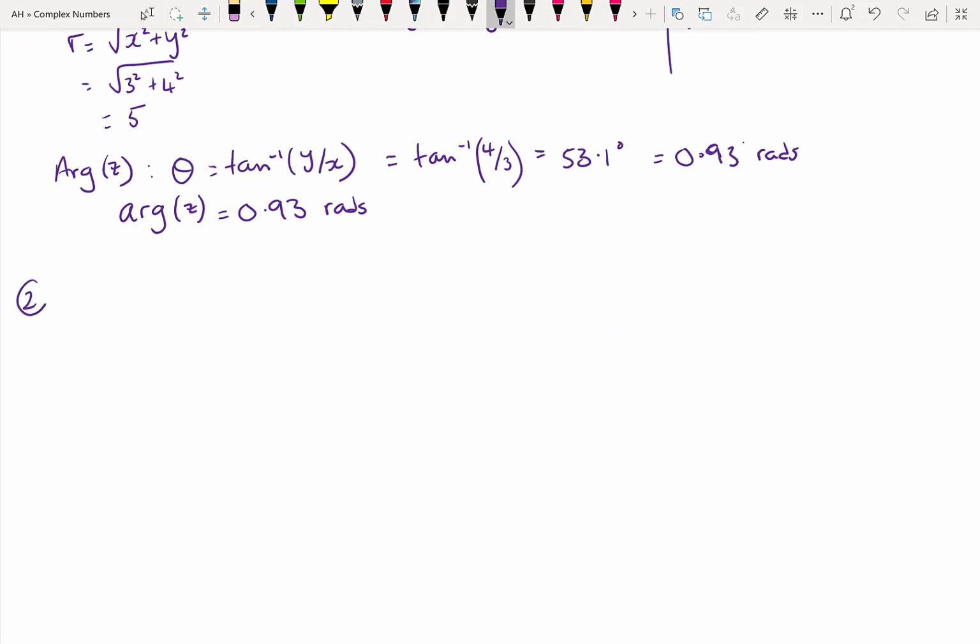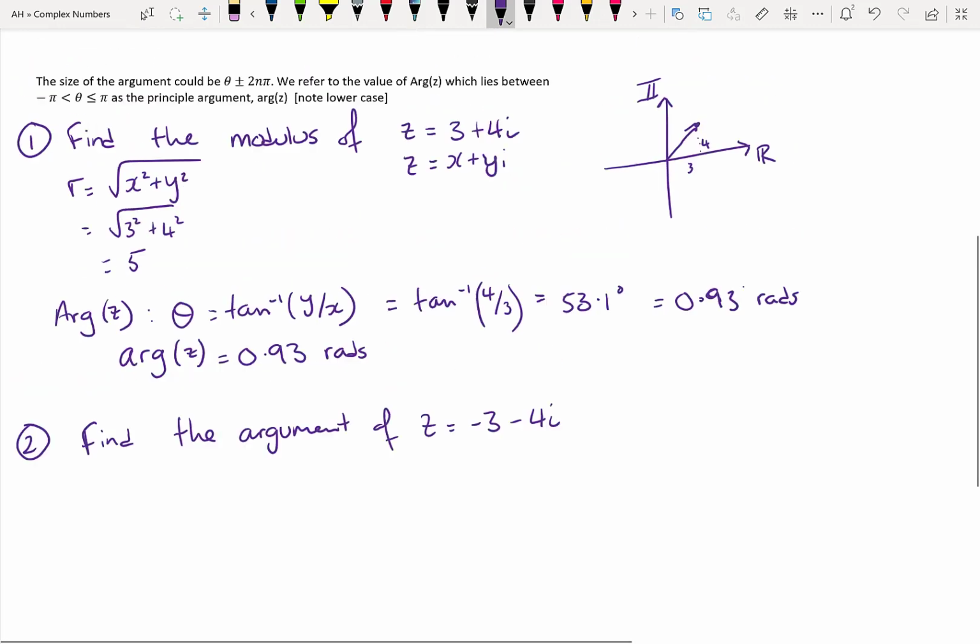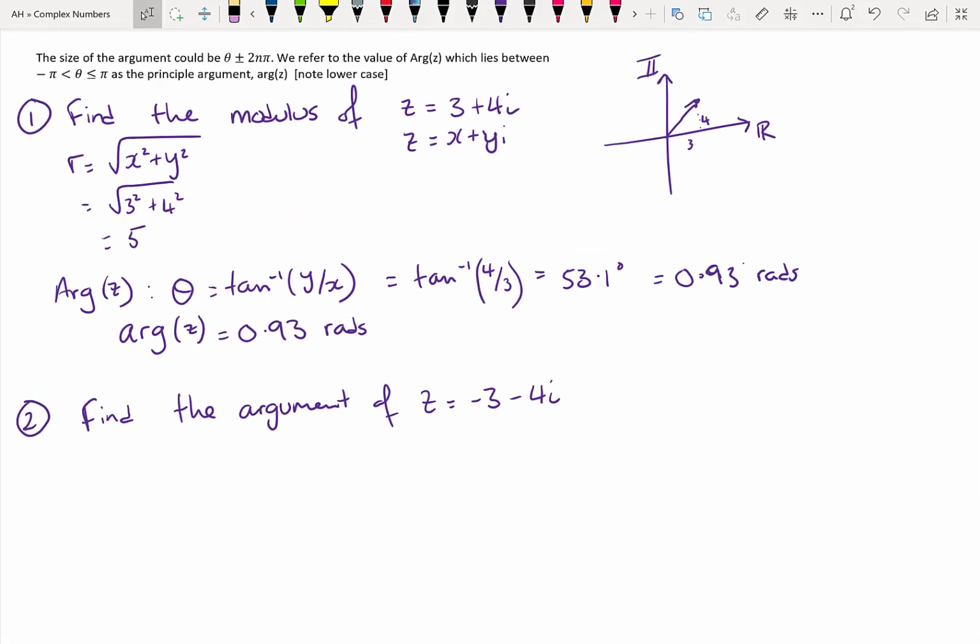Okay, second one then, we are going to find the argument of z equals minus 3 minus 4i. What we've done is we've got the same numbery bits, we've just changed the symbols.